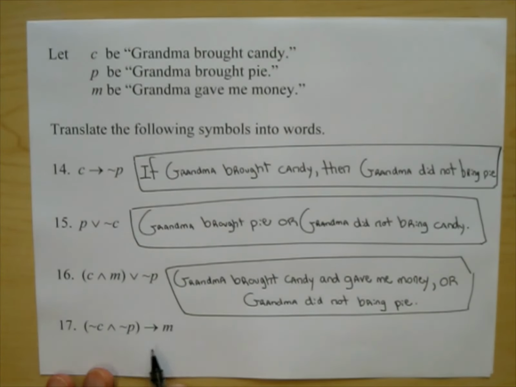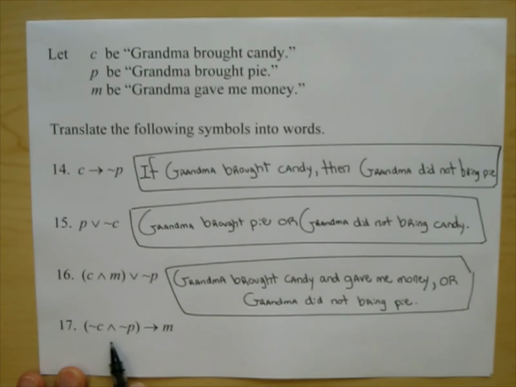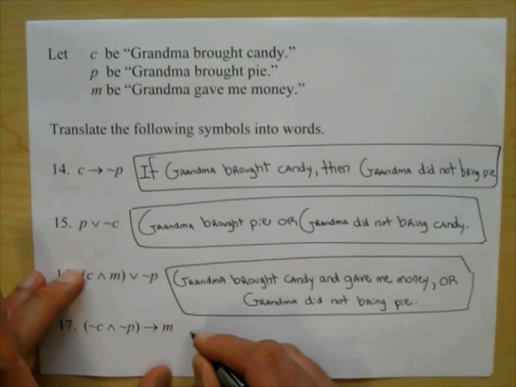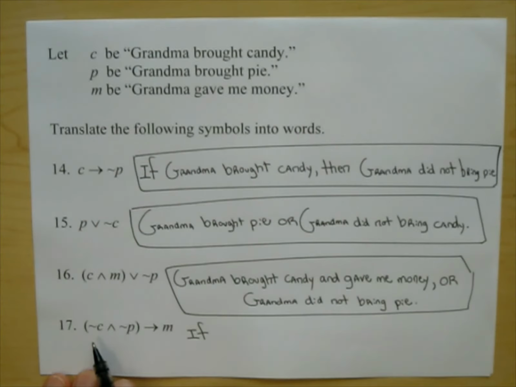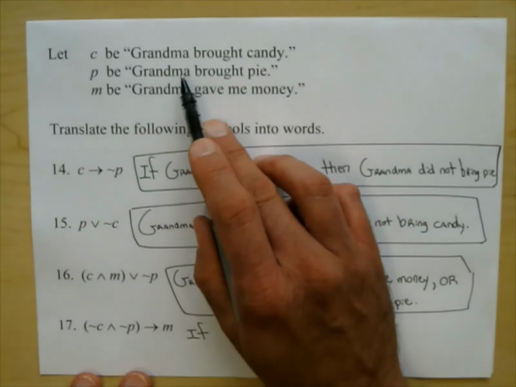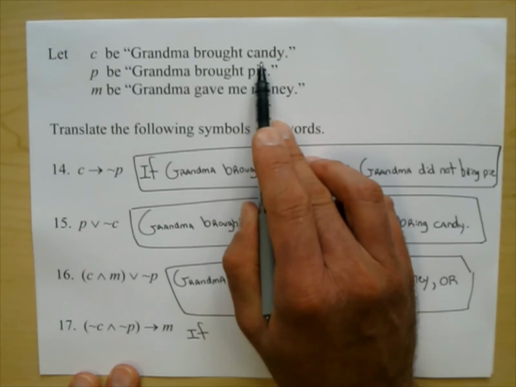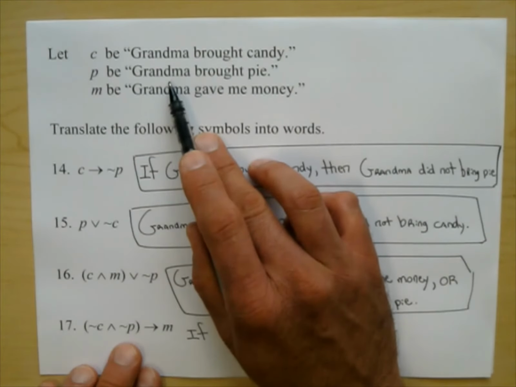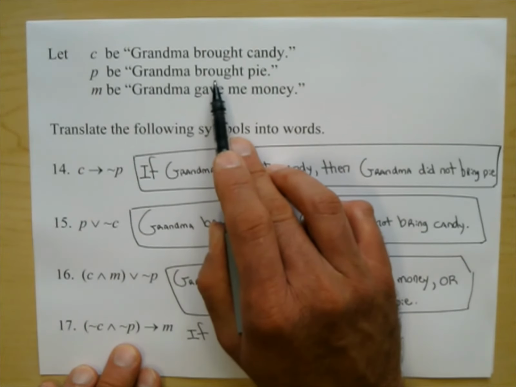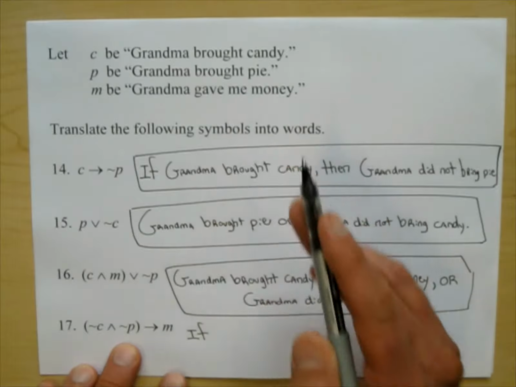Okay. Here's the last one. If this complicated statement here, then M. So let's start off by writing our hypothesis. If, so the hypothesis is not C and not P. So if Grandma did not bring candy and Grandma did not bring pie. I'm going to write that down.